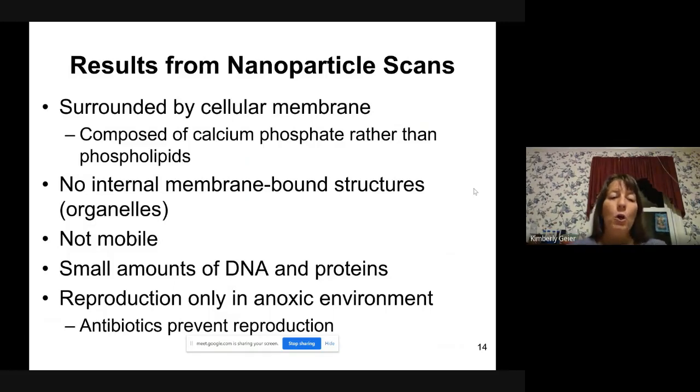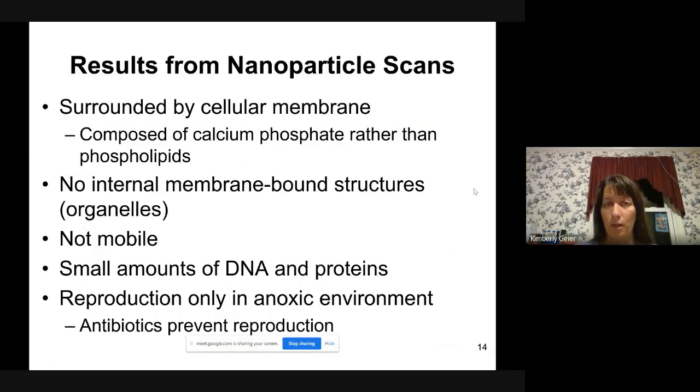All right, so we thawed them, but they didn't move. They're not mobile. There are small amounts of DNA and proteins inside of these little nanoparticles. And they do reproduce, but only in an anoxic environment. Anoxic means no oxygen.